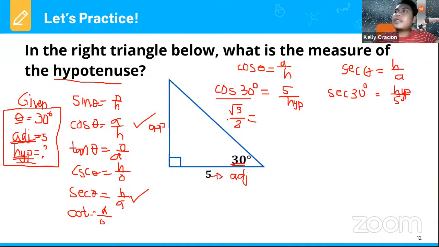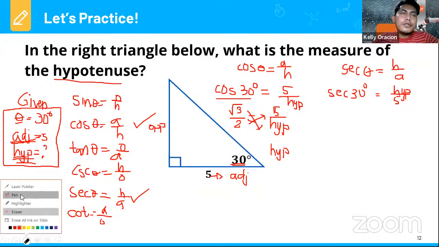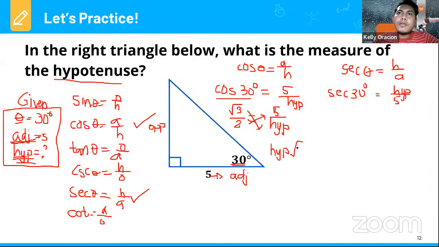Cos 30 degrees is square root of 3 over 2. Then 5, then hypotenuse. Again ha, ito yung manual process. Cross multiply, you have hypotenuse square root of 3 is equal to 10.